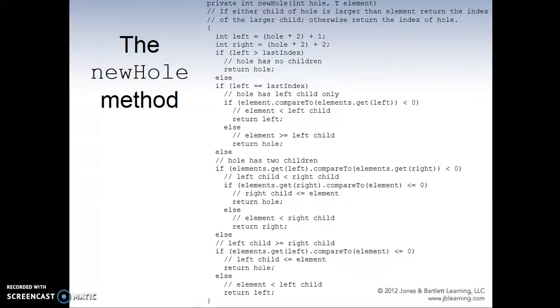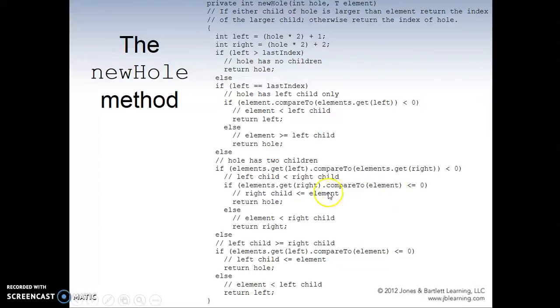It's going to compare to the hole first: take the right, compare it to the element to see which one is the greatest. We compare left and right, and once we find the larger, we compare it to the element itself.